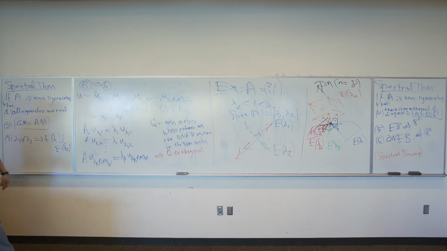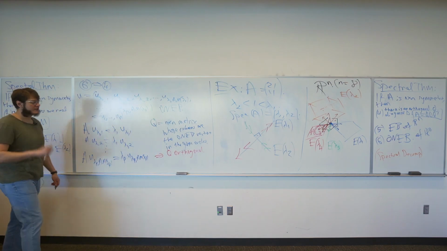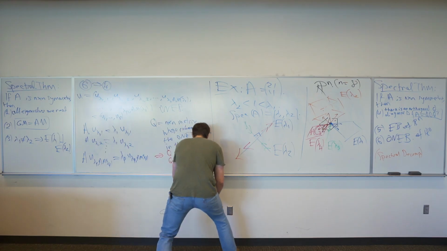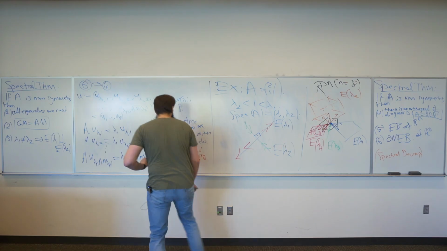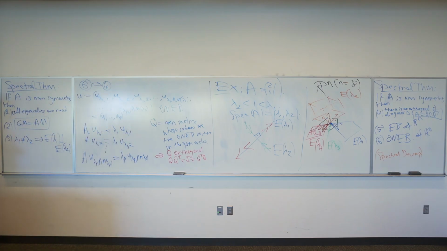And what is the definition of that? It means Q transpose Q is identity, and Q Q transpose is also identity. Another way to say this is that the inverse of Q is the transpose of Q.